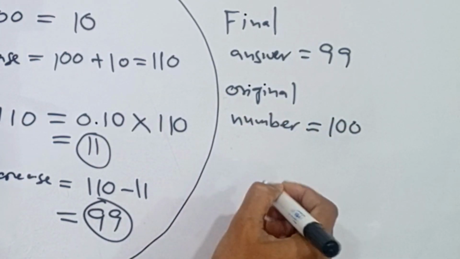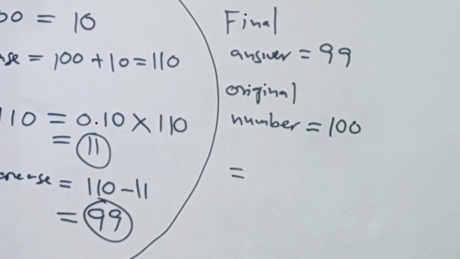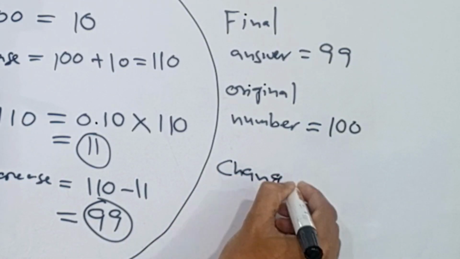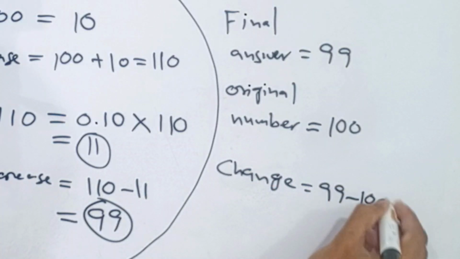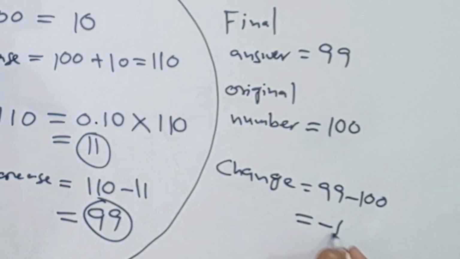Now the change is equal to 99 minus 100, which is equal to minus 1, right?